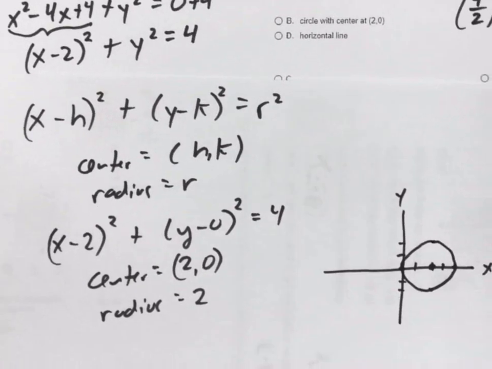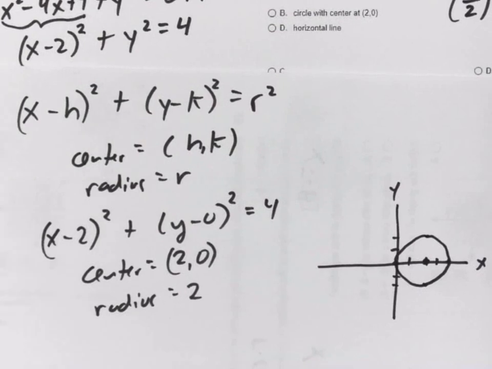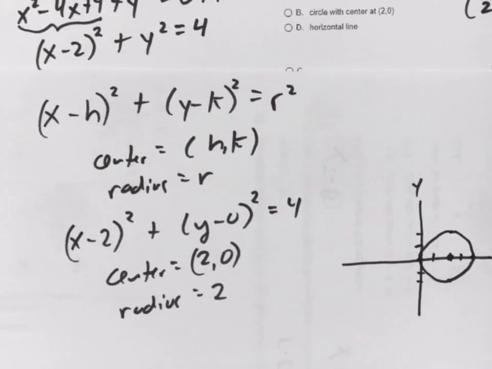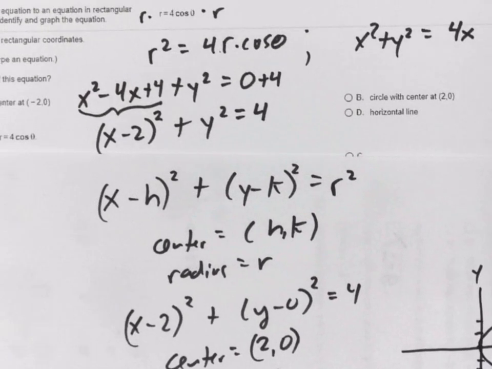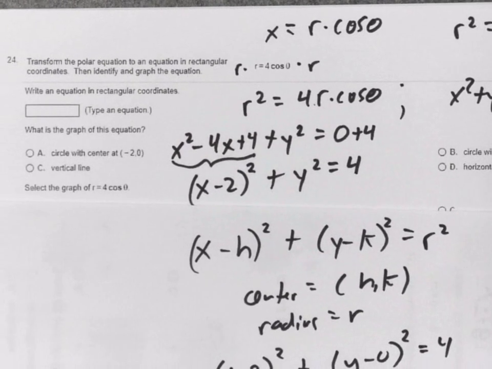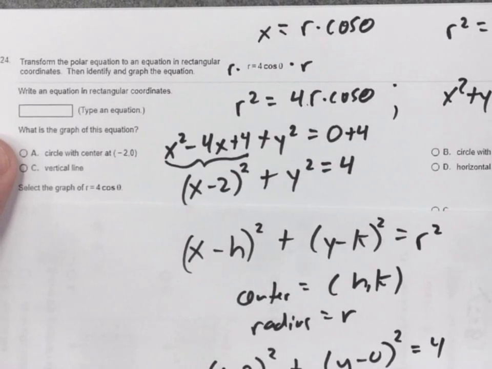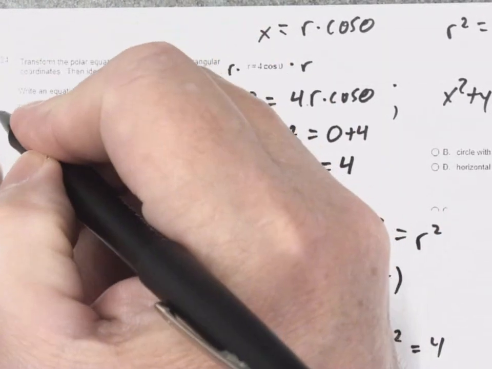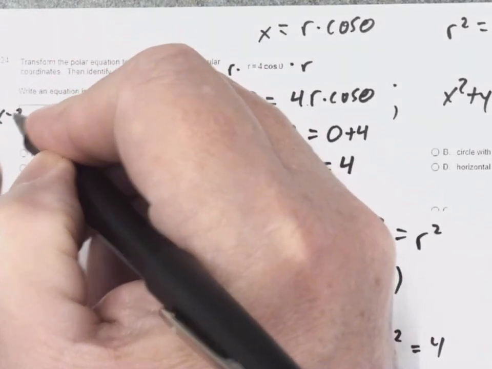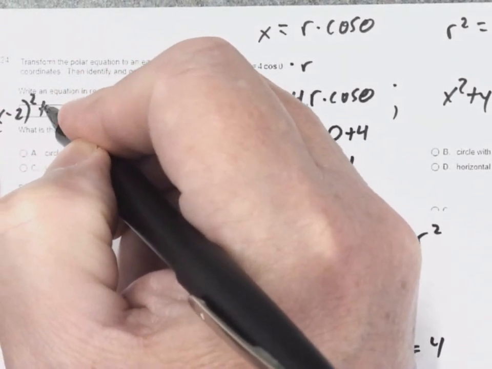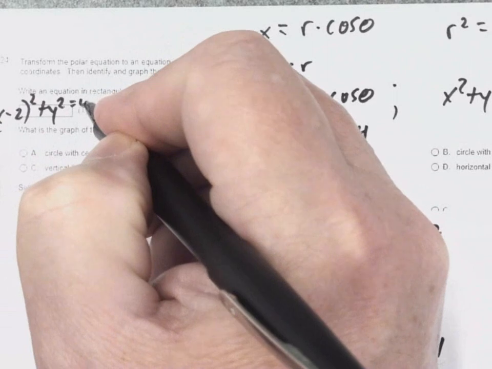I think it's going to end up looking something like this. So to answer the questions in the problem, the equation ends up being x minus 2 squared plus y squared equals 4.